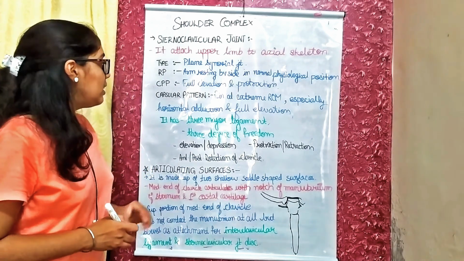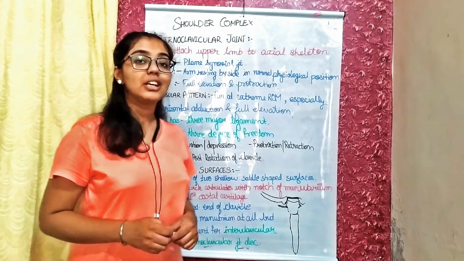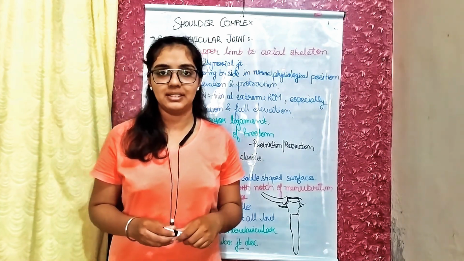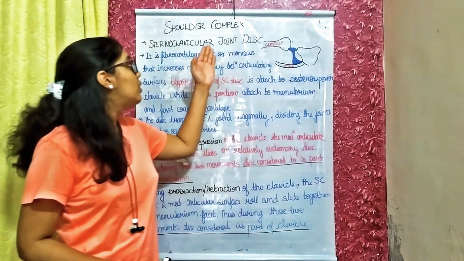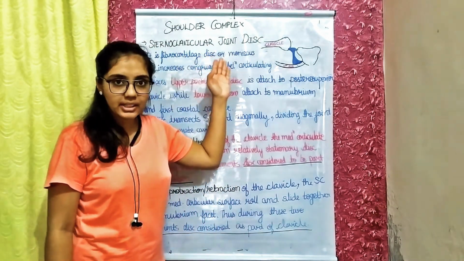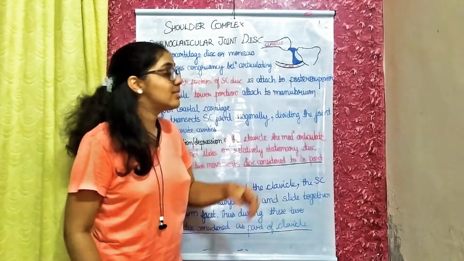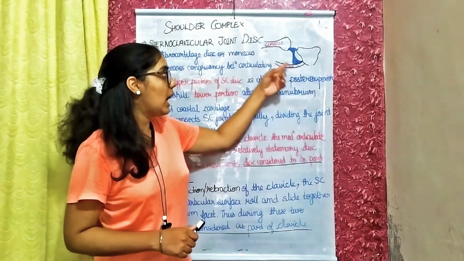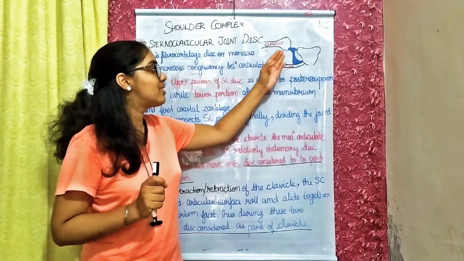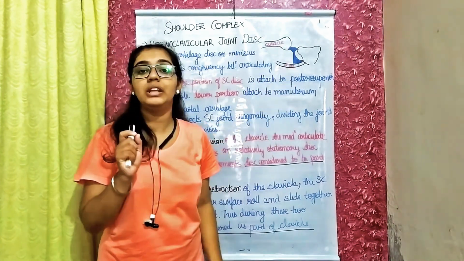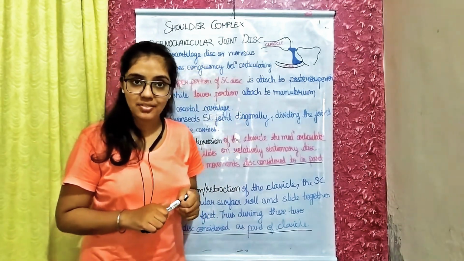Now, we will study all things in detail, but first of all, we will learn about the sternoclavicular joint disc. The sternoclavicular disc is a fibrocartilaginous disc or meniscus that increases the congruency between the articulating surfaces.